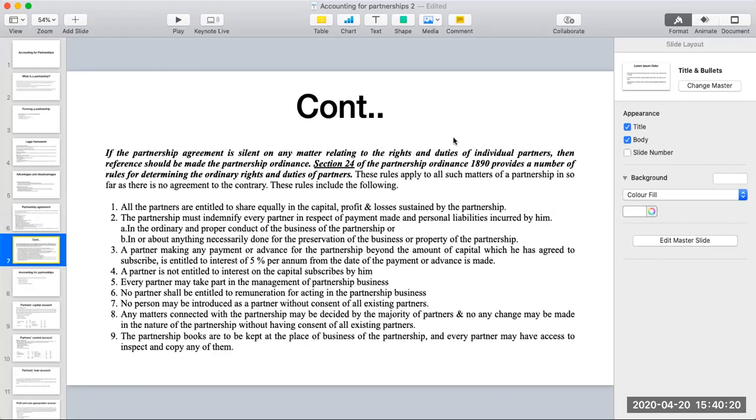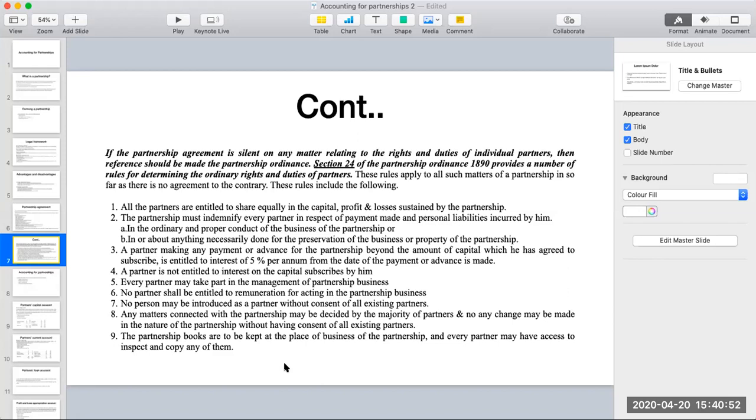And no change may be made in the nature of the partnership without the consent of all existing partners. Mainly, the purpose of having these rules and regulations is to prevent problems between the partners.